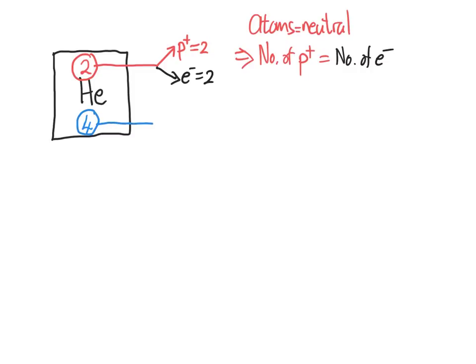Now, the mass number is also the nucleon number, and a nucleon is a general term for a particle in the nucleus of an atom.